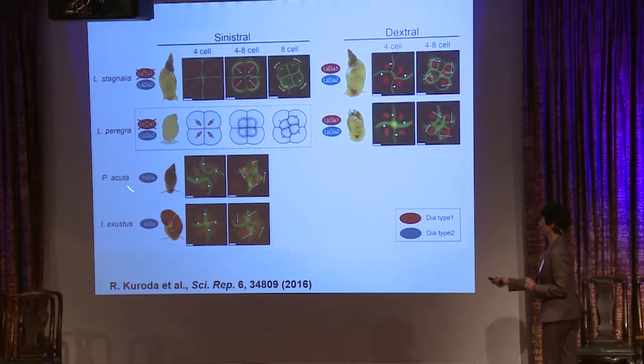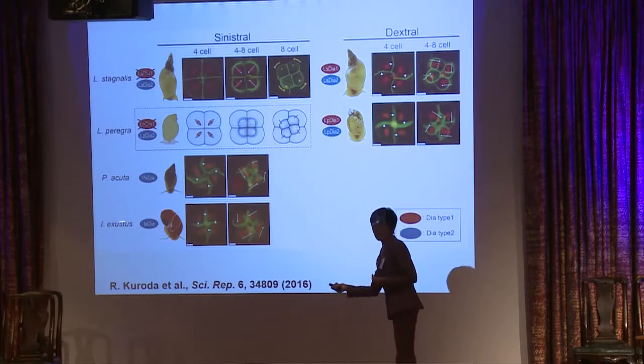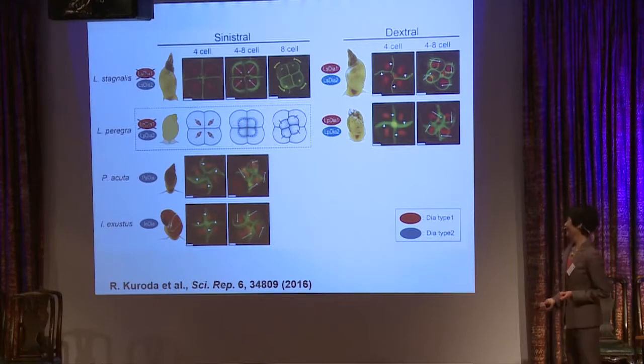But then you work on Physa circuita, left-handed only, and it has only type 2. But it does SDSI, and it does the other way around. So what is determining the direction of rotation?